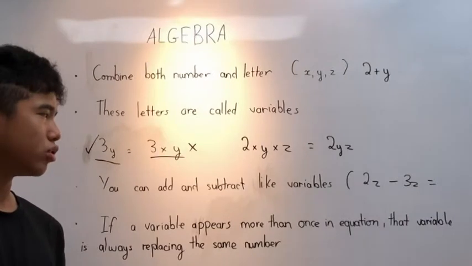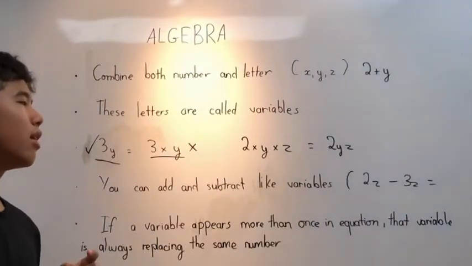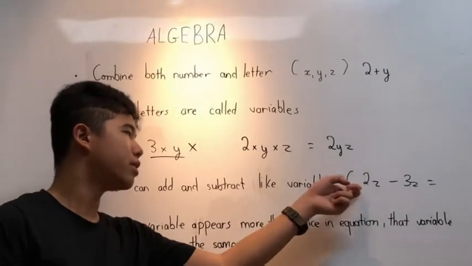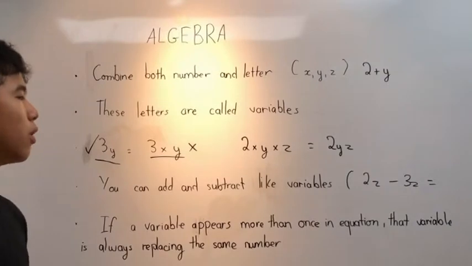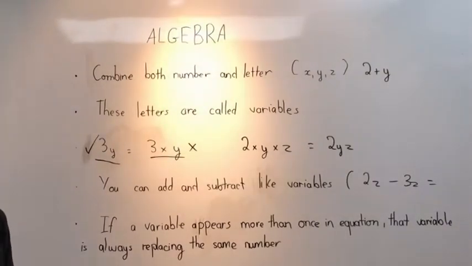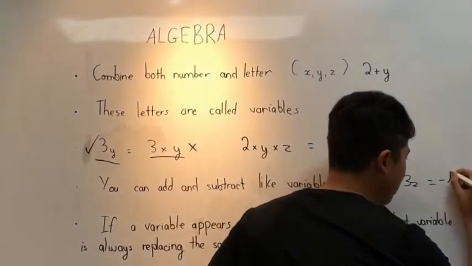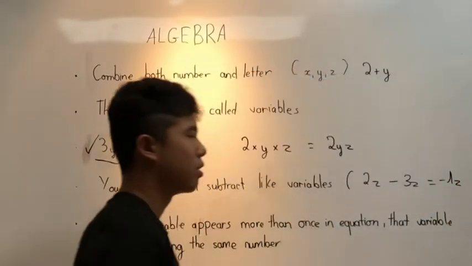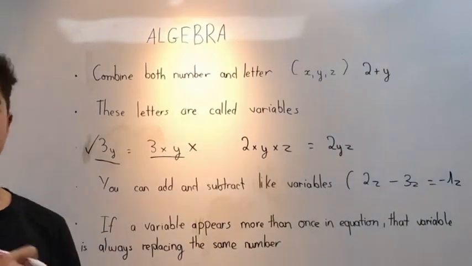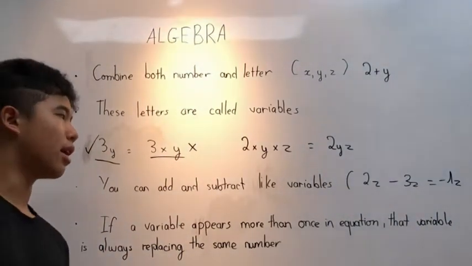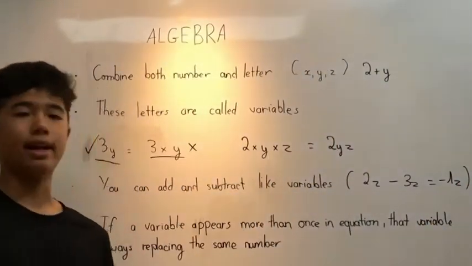Instead of worrying about what z is, because we don't know z, you can just take 2 minus 3, which equals minus 1, and then write z. So the answer is minus 1z. That is how we solve with like variables.